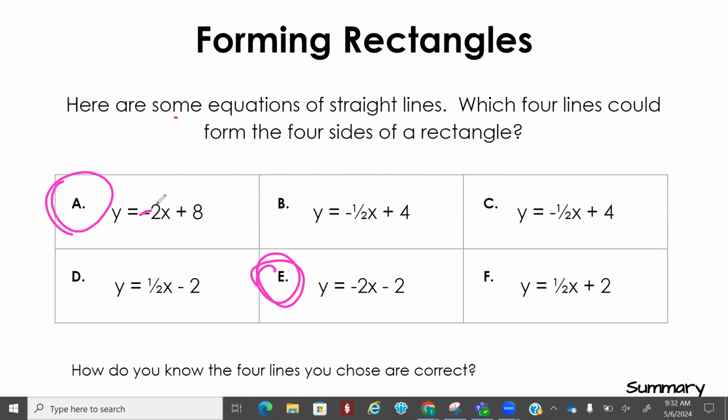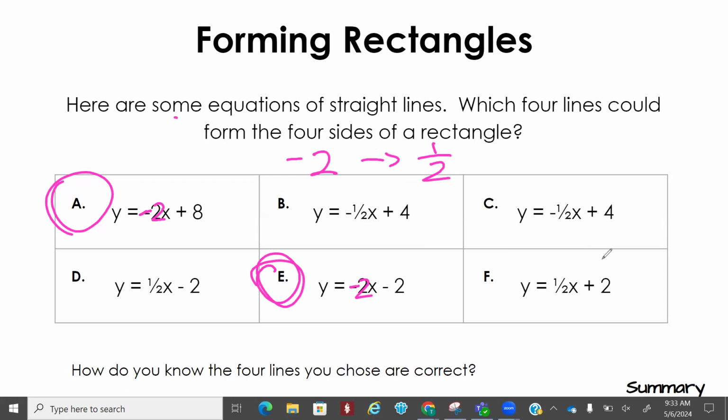Okay, why? Because that's that -2 out front. Does everybody see it? Okay, so then I need another side that is perpendicular to -2. So which equation would be perpendicular to -2? Perpendicular means that we're going to flip it and change the sign.